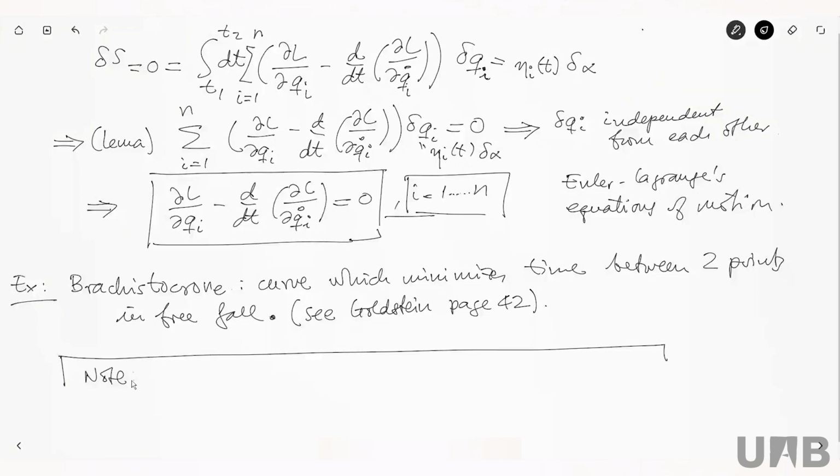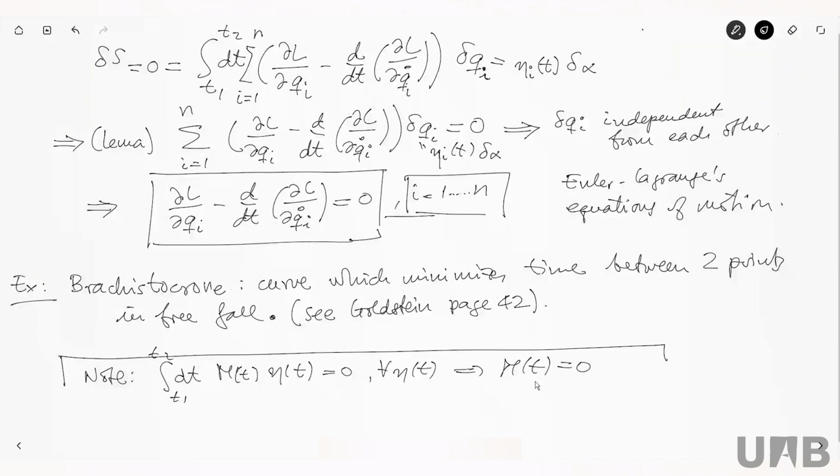Note, if you have the integral dt of m of t times eta of t equals 0 from t1 to t2 for all eta of t, this leads to m of t equals 0.